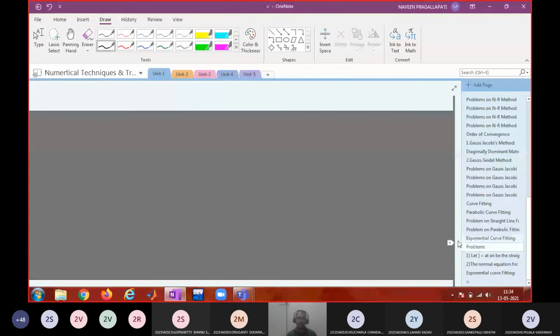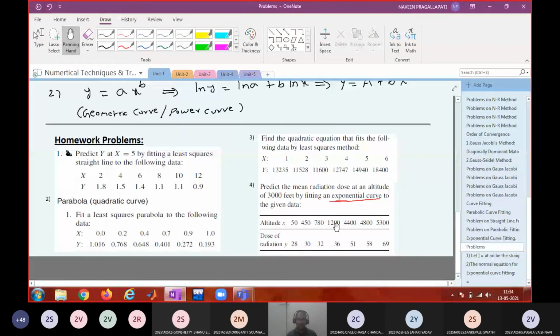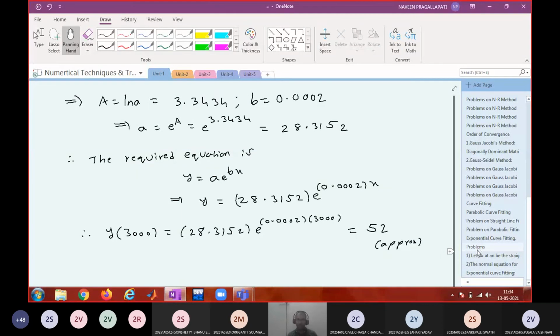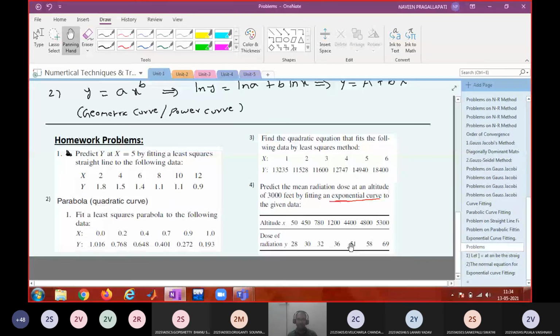So let us see. At a height of 3000 feet, we are getting a mean radiation of 52. Is that correct?